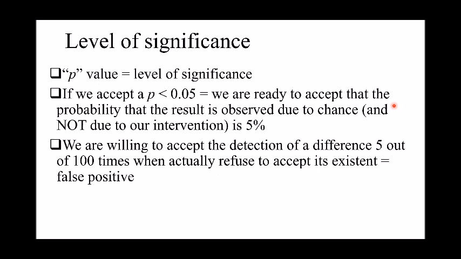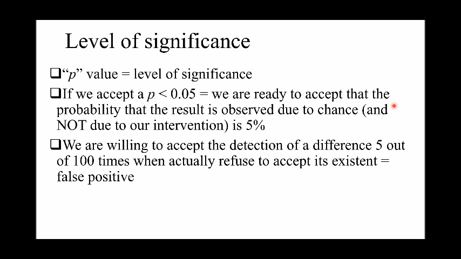So the level of significance, what we call the probability level, and P stands for probability. As we said, we accept a p-value of less than 0.05 or 5%, which means at that point there is a difference, but we think that difference is attributed to chance.